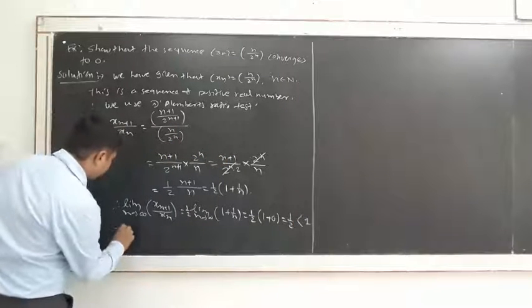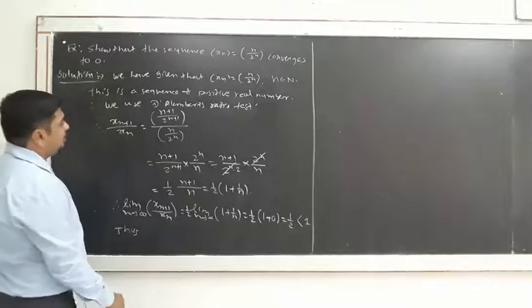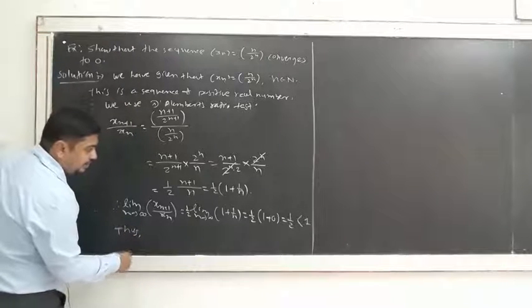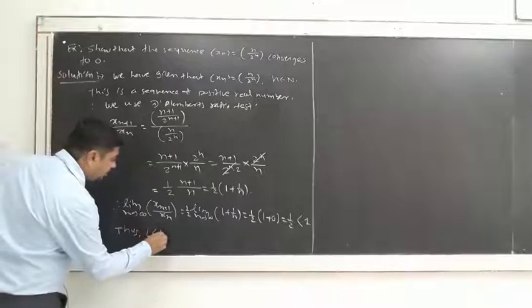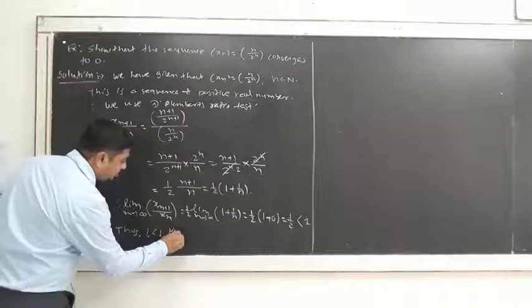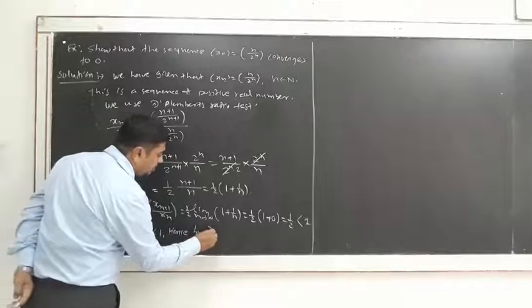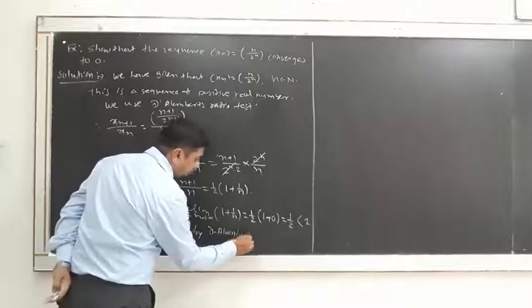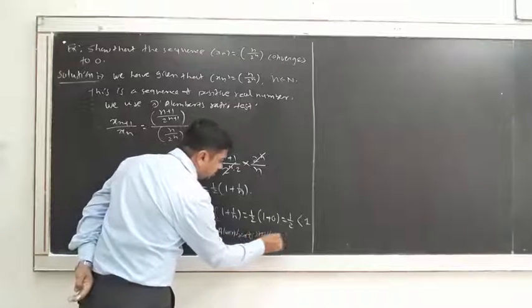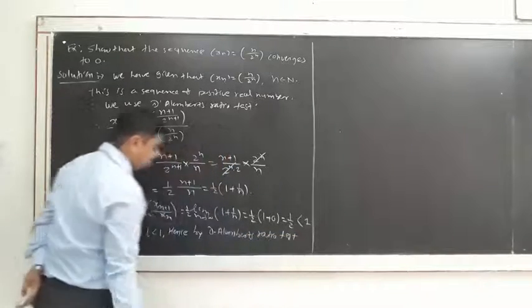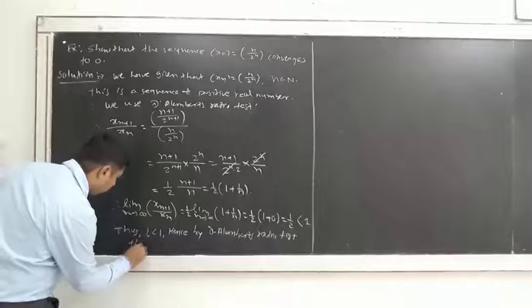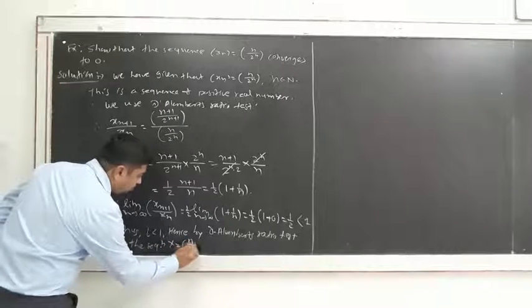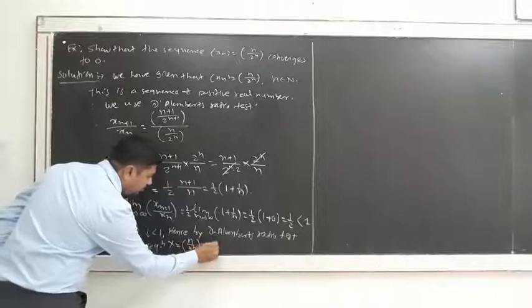Thus, by using D'Alembert's ratio test, since L is less than 1, hence by D'Alembert's ratio test, the given sequence xn is equal to n upon 2 raised to n is convergent.